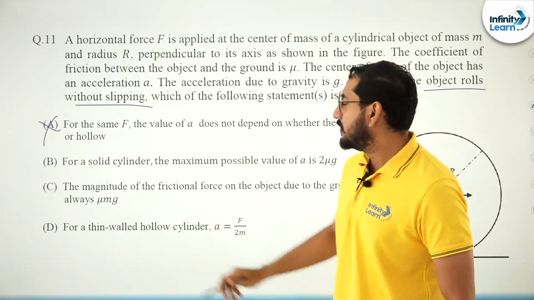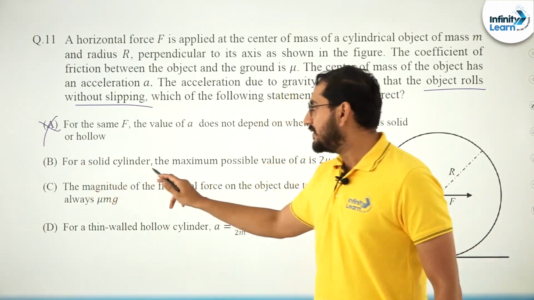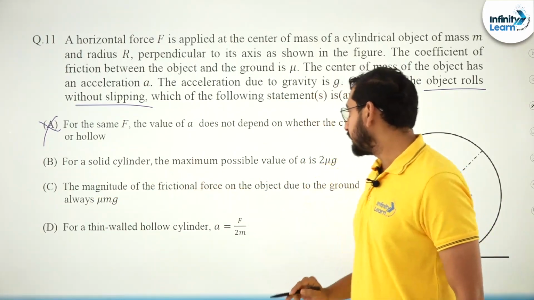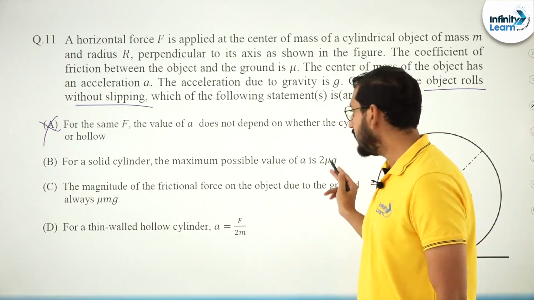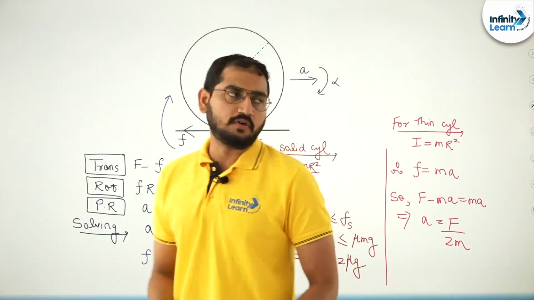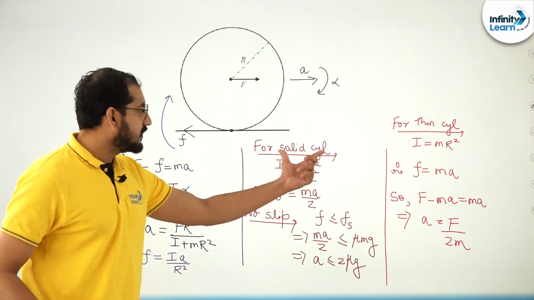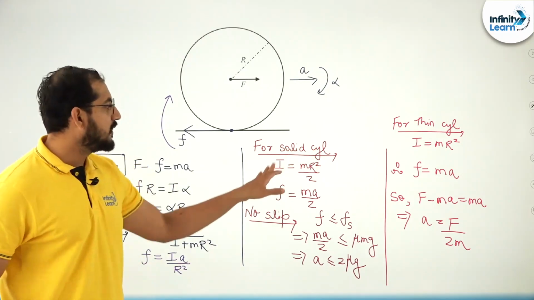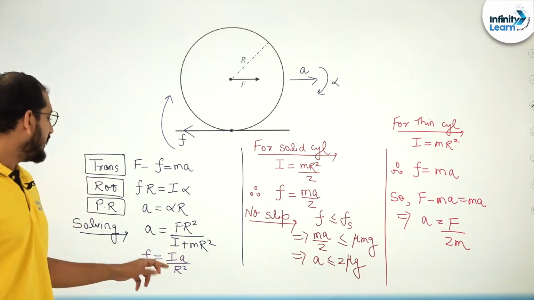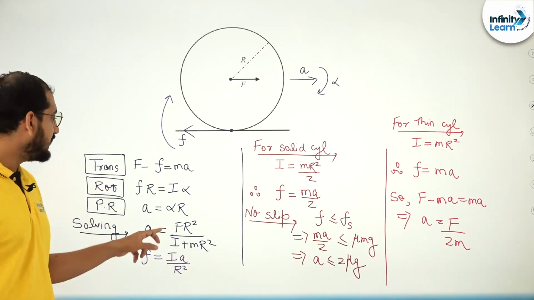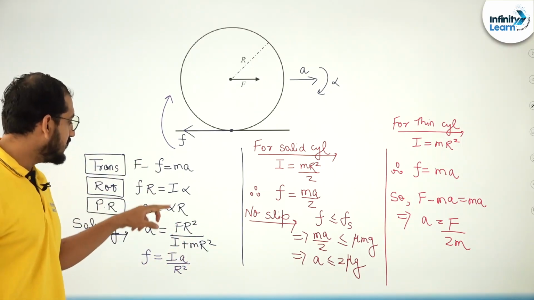Now moving on to option B, it says that for a solid cylinder, the maximum possible value of acceleration is this much. For that we take the case of a solid cylinder. We know the moment of inertia is M r square by 2. I will place this moment of inertia in the expression of friction that I have already calculated from these three equations.